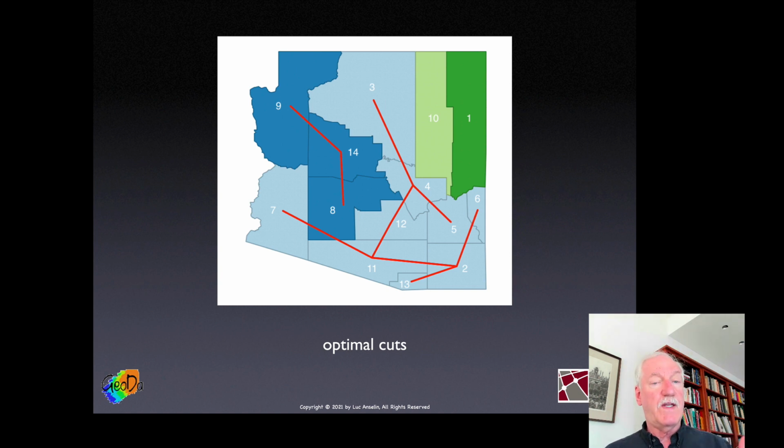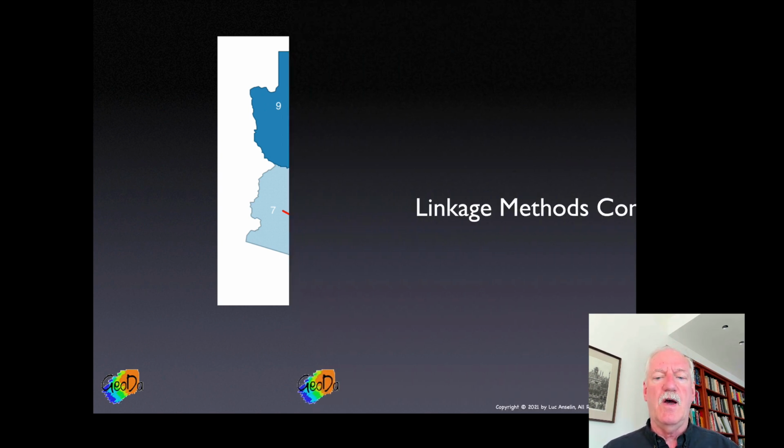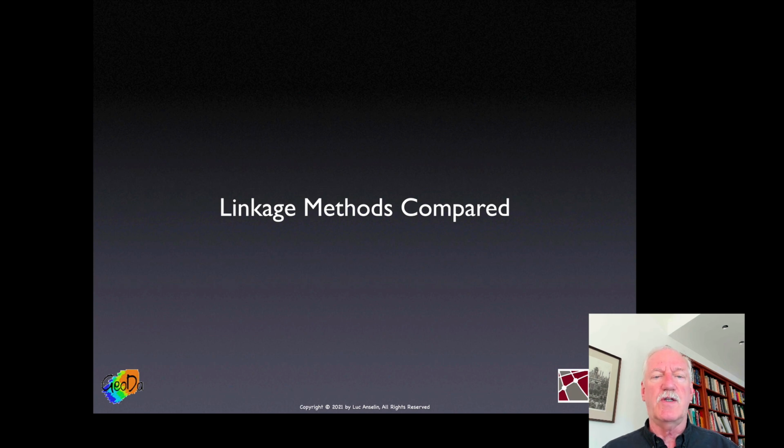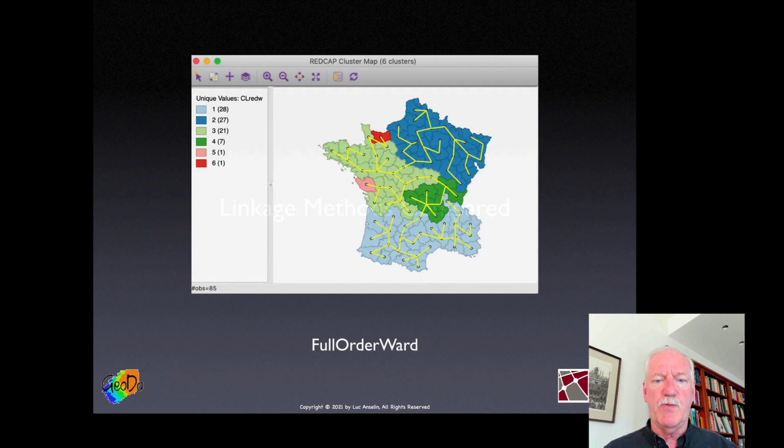So Redcap is a family of methods distinguished between not updating the weights and updating the weights. Actually, the ones that don't update the weights are inferior, so we don't actually consider them. But then they differ in terms of the linkage methods. Again, just for illustration purposes, this is the result of Redcap using Ward's method with updated weights.